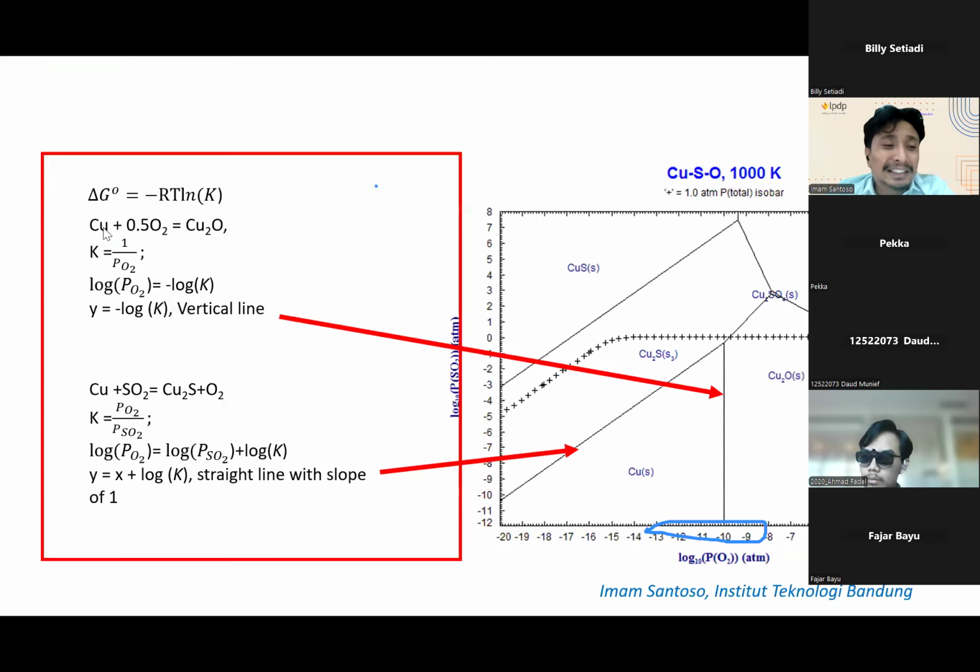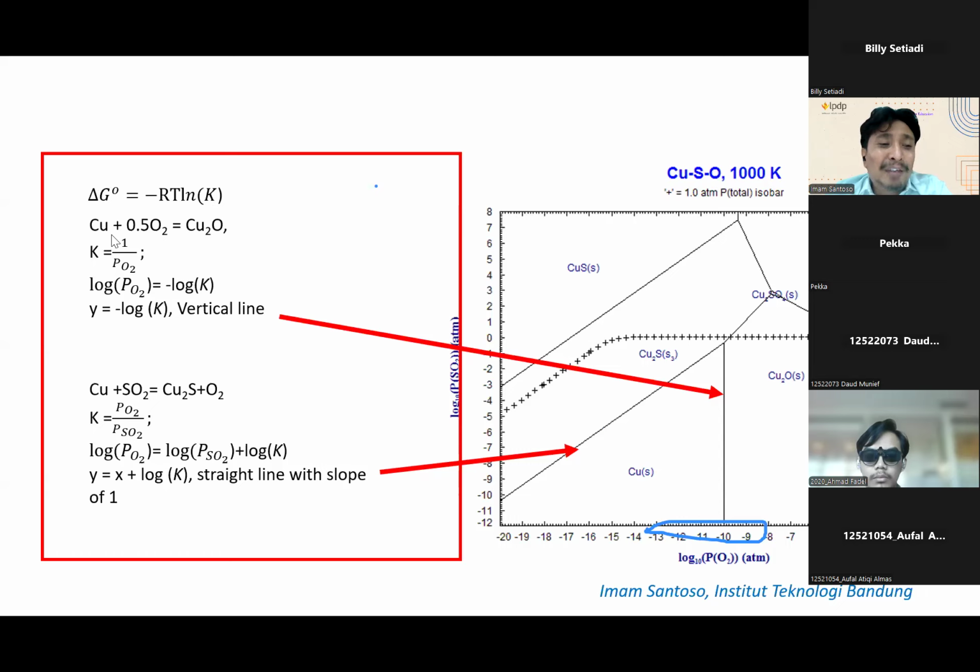For example, the reaction of Cu plus oxygen becomes Cu2O. K is, because this is a condensed phase, it is pure copper and pure Cu2O, the activity of 1, and then K is 1 divided by PO2. And K, you can calculate from the Gibbs energy.